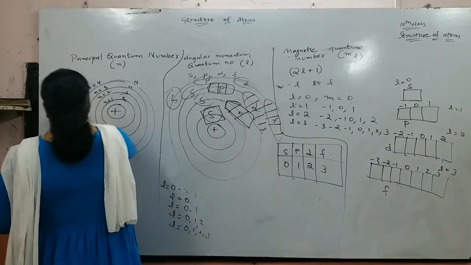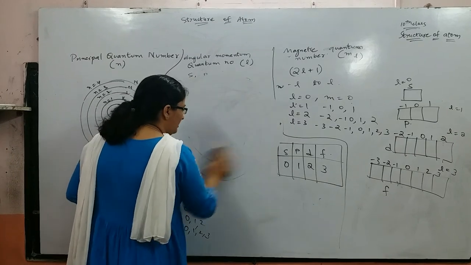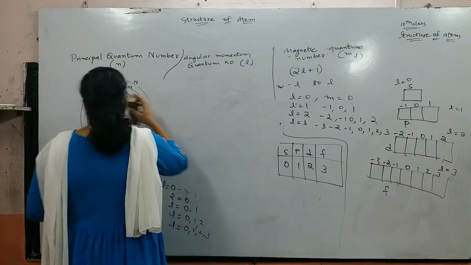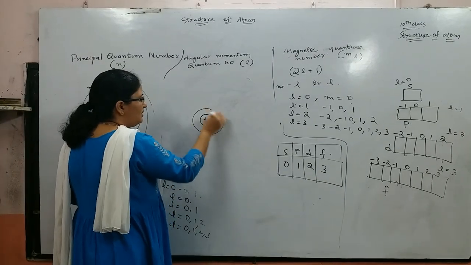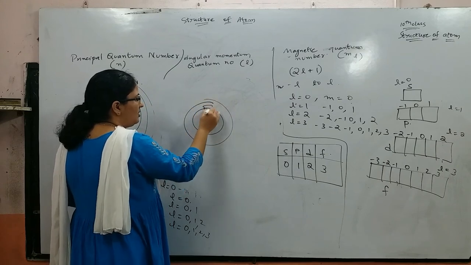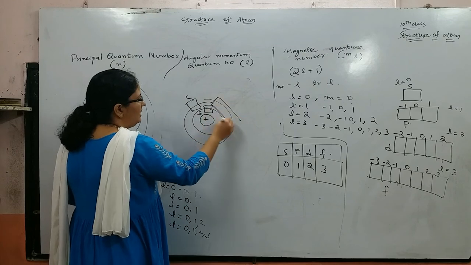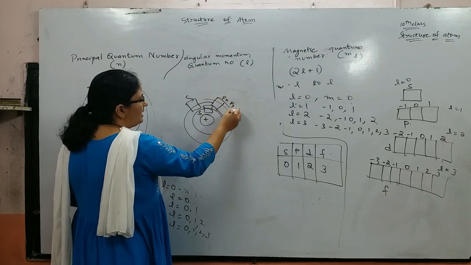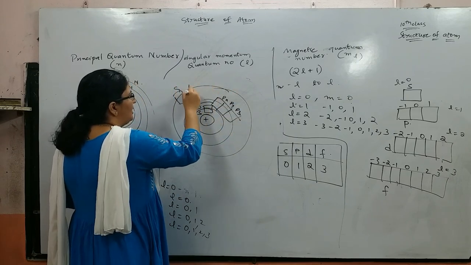The picture I will give you is like this. S has got only 1, P has got 3 orbitals, Px, Py, Pz.